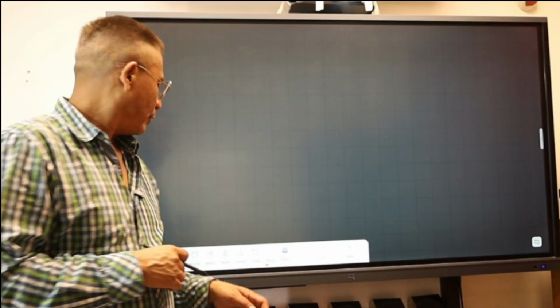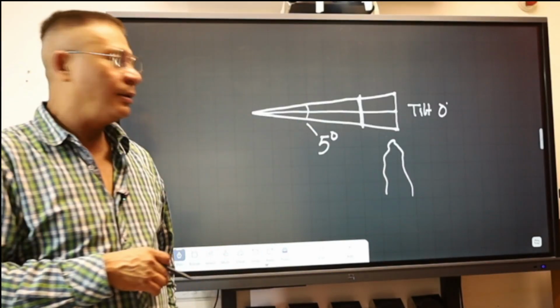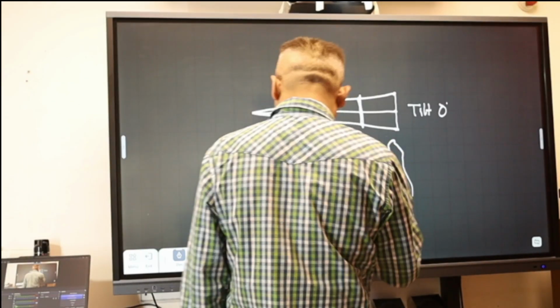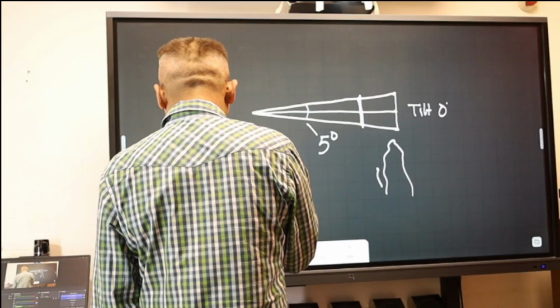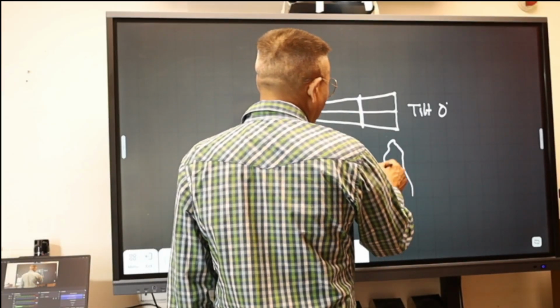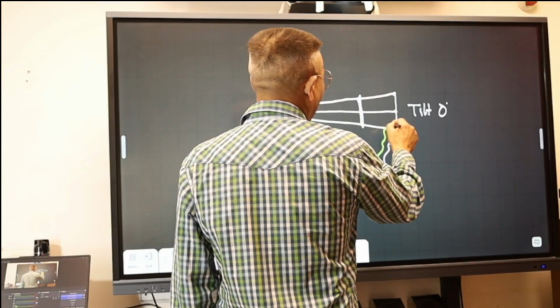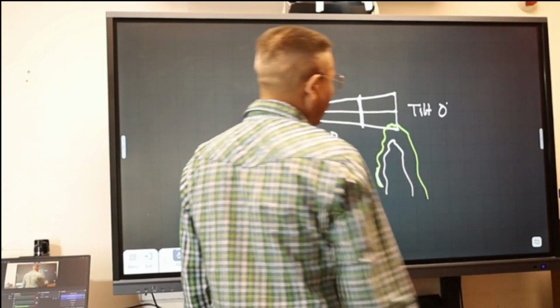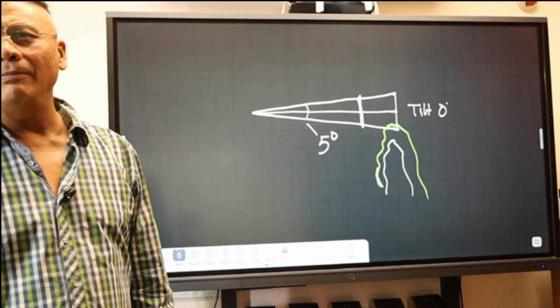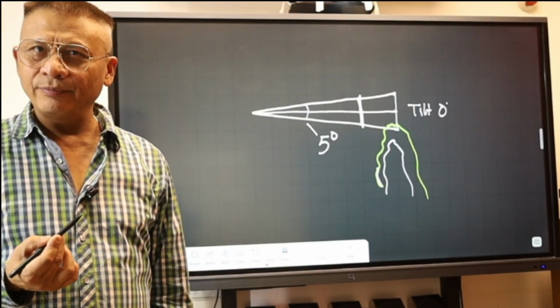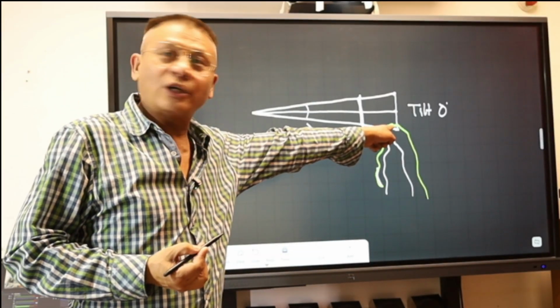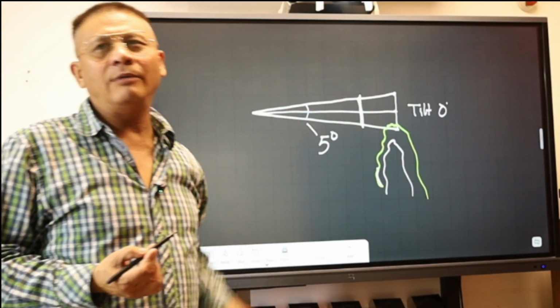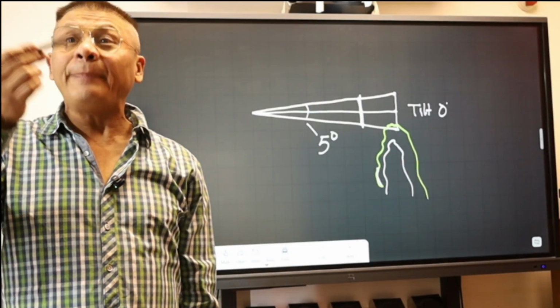Now let us say that the cloud has grown in size and starts touching the beam. Now I will have some pickup from this portion of the cloud, am I right? And the weather radar will start painting.